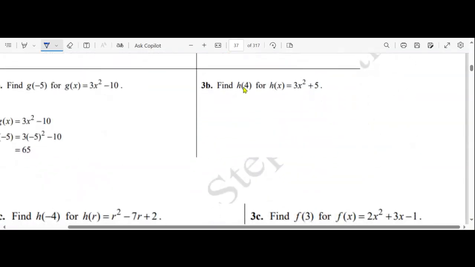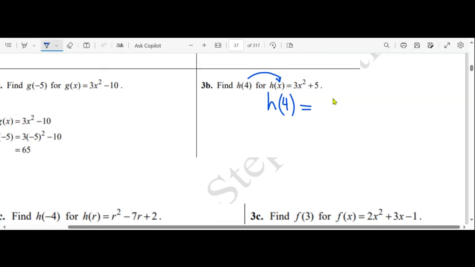Next one. A function called h. h of 4, so you replace x by 4.